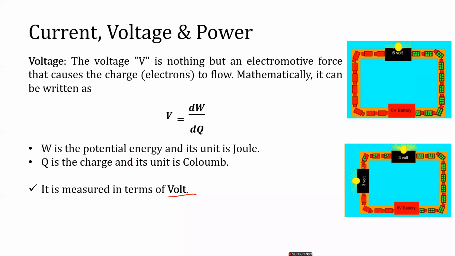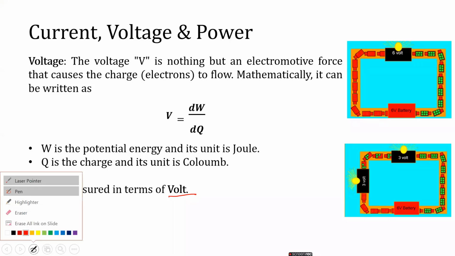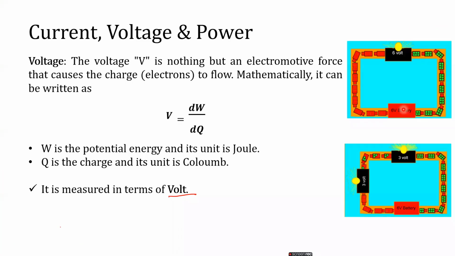So two GIFs are here. What is the difference between these two? It's the same 6-volt battery in both cases. Instead of one bulb, here two bulbs are used.